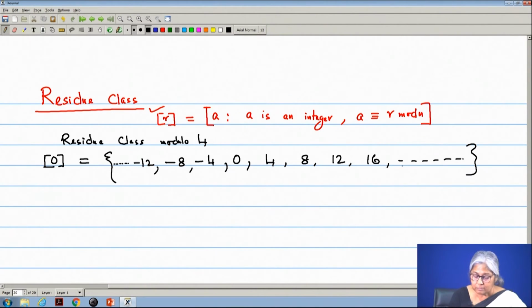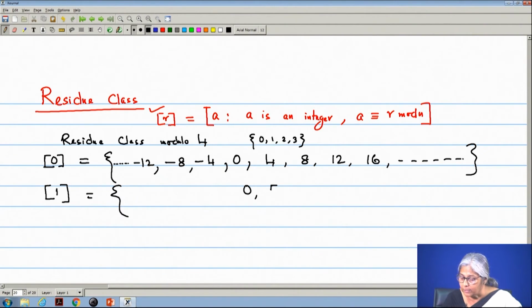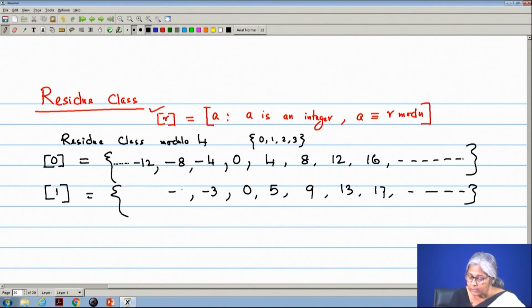This is my set. Since modulo 4 means I have only 0, 1, 2, 3, for 1 I get 5, that is 4 plus 1, then 9, 13, 17, and similarly minus 3, minus 7, etc.